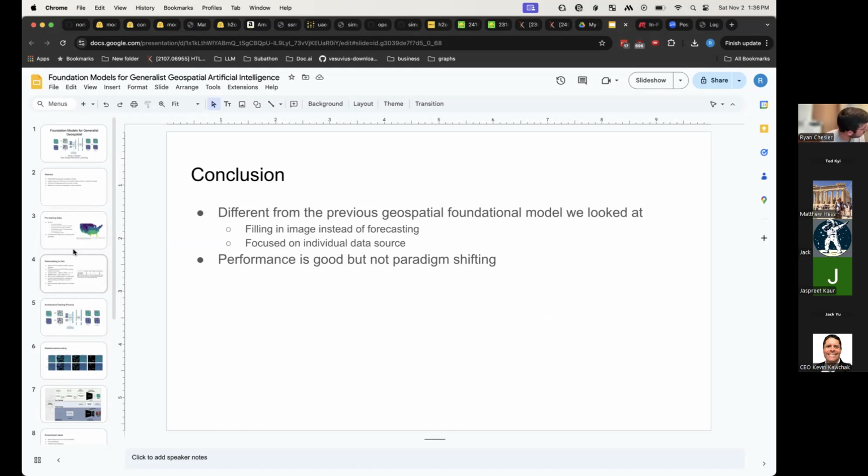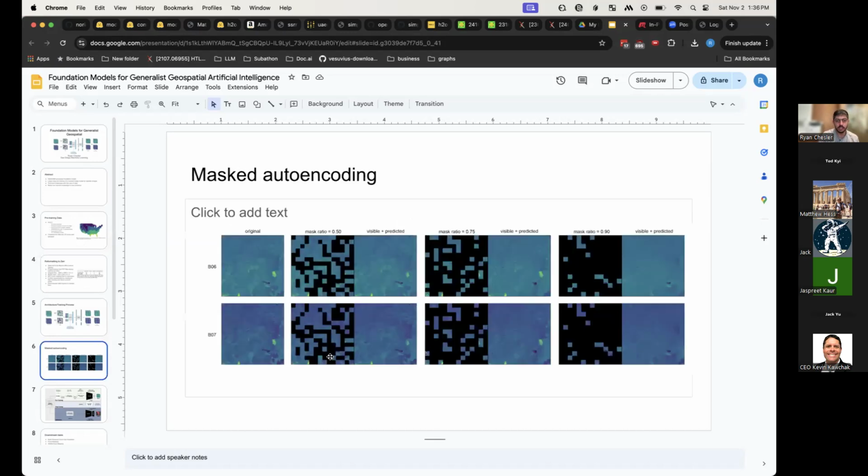Why do you think the models were better at forecasting than filling in the gaps on the imaging? I think that what we saw from, I can pull this one again, it's filling in local information and it's learning something, but it's not as good as actually trying to understand what's going to happen next. I think the actual difference in the task is that this is useful in local information, but not useful in extrapolating into the future.